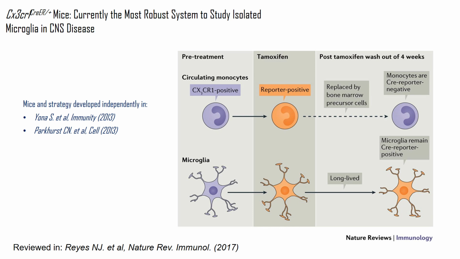By stark contrast, the microglia, because they're long-lived, even in the absence of tamoxifen after pulsing, maintain the floxed allele. And even if these microglia self-renew, those daughter cells will also retain the floxed allele, thereby allowing you to distinguish, using this genetic scheme, microglia from the monocyte compartment.